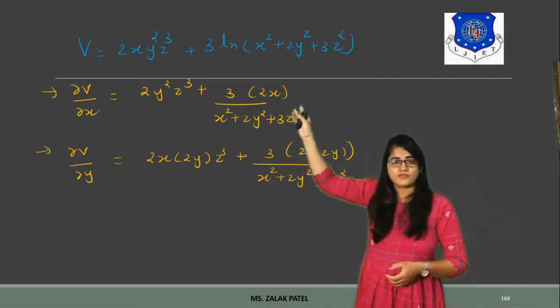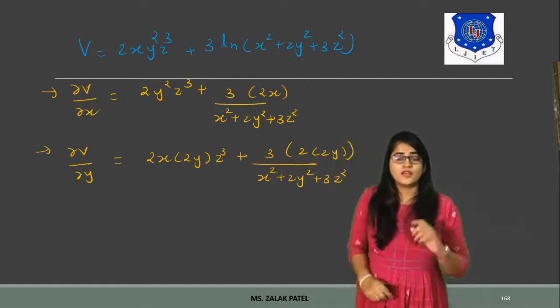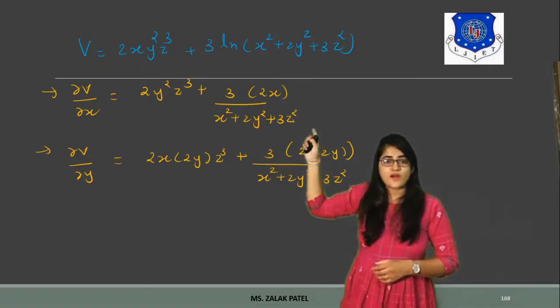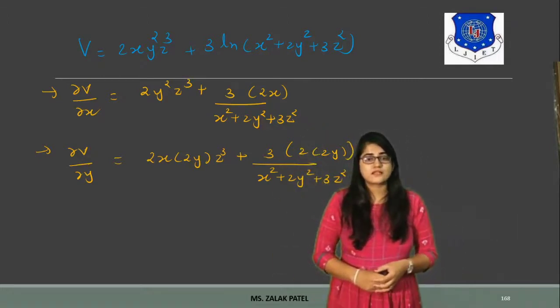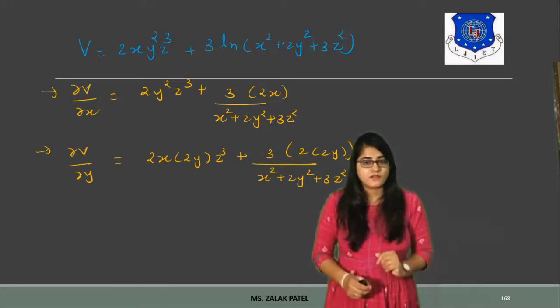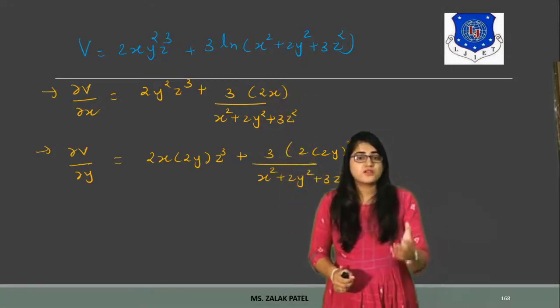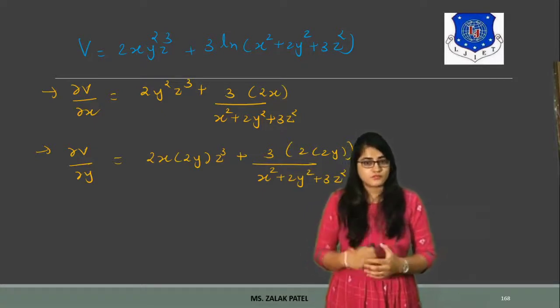With respect to x, if you do the differentiation, then the differentiation of x y square z cube with respect to x is y square z cube. Del x by del x is 1. Then 3 ln of this function, differentiation of ln is 1 upon that value.